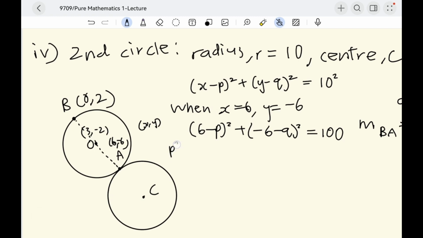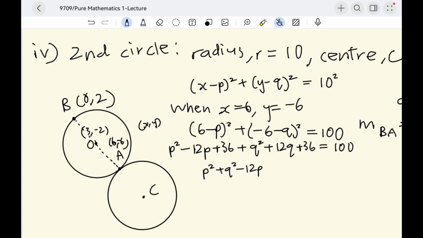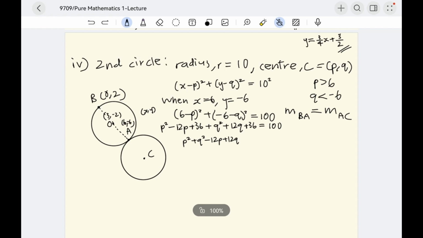So I have p squared minus 12p plus 36 plus q squared plus 12q plus 36 equals 100. So I have p squared plus q squared minus 12p plus 12q minus 28 equals 0. So this is my first equation.